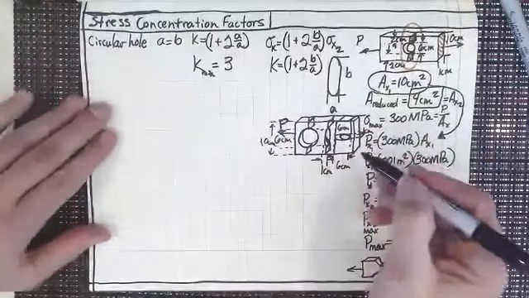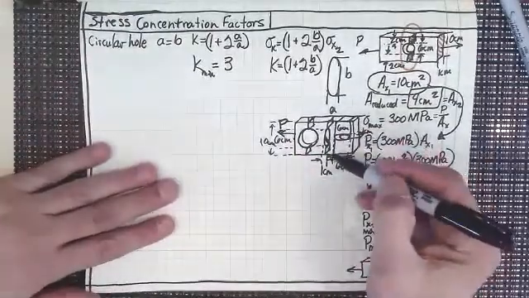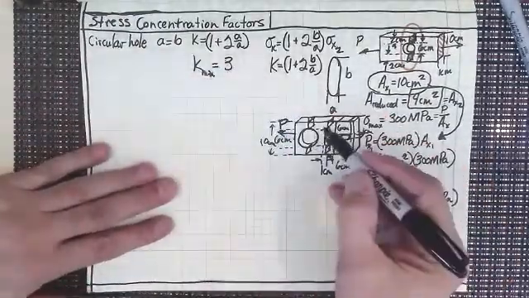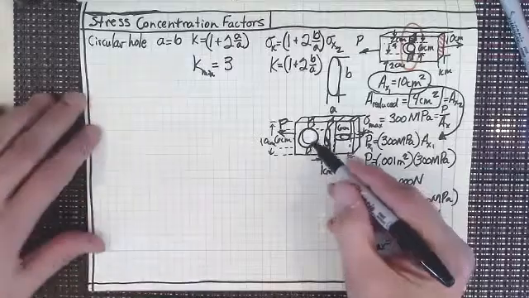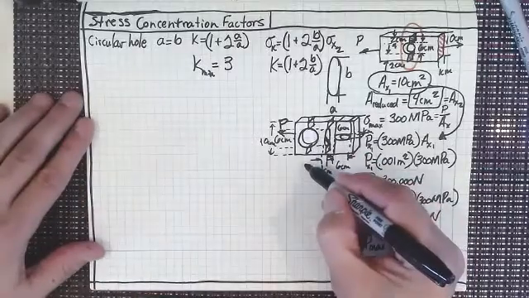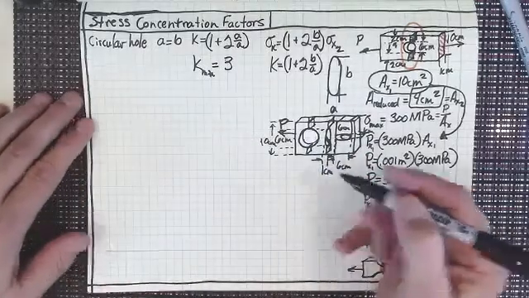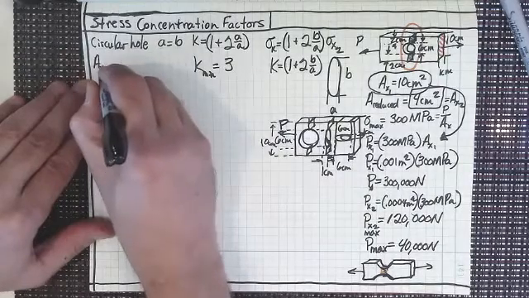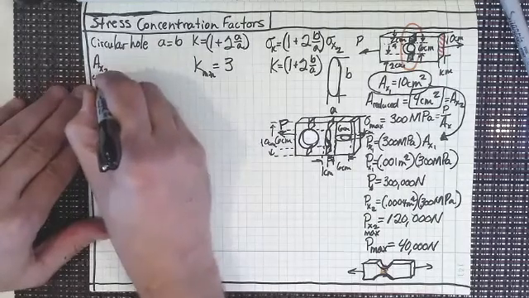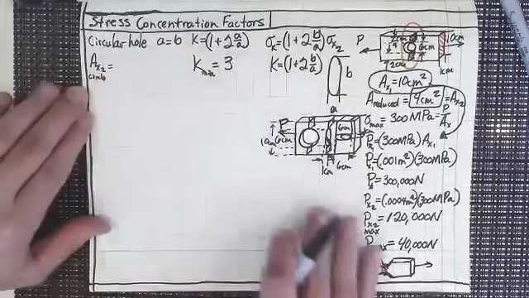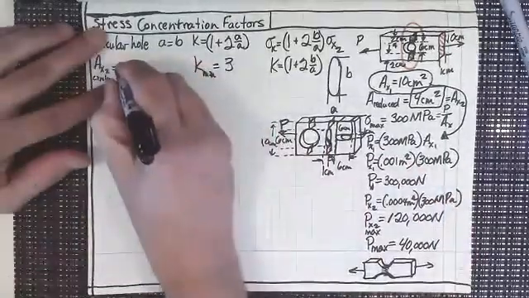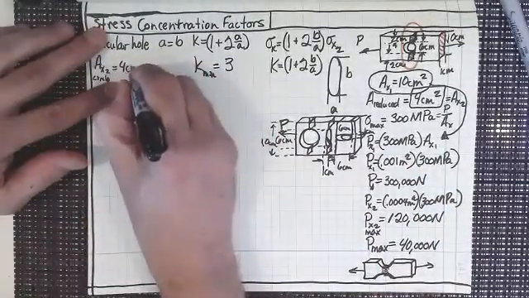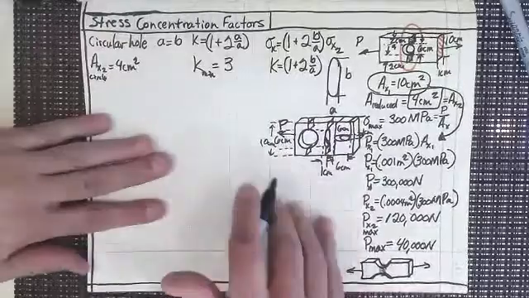Okay, let's do the 3 A sub x2 areas. So A sub x2 for the circle, we know what that is. That's going to be 4 square centimeters, just like it was the first time.